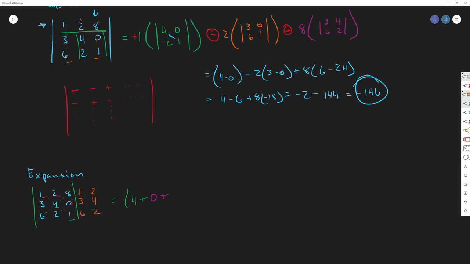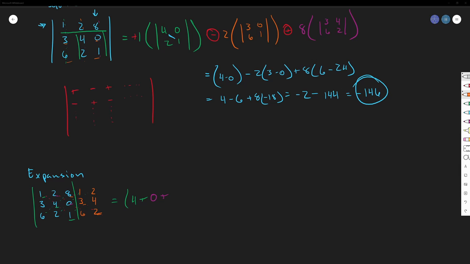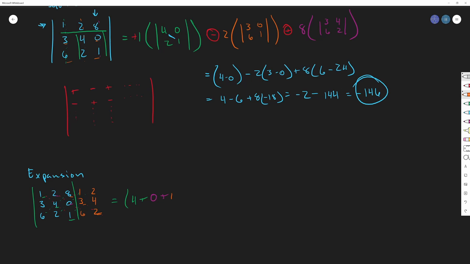And then lastly, we're going to multiply 8, 3, and 2. So 3 times 2 is 6 times 8. What's 8 times 6? 48. And then we are going to subtract the other set of diagonals that we're going to add up. So the first one is going to be 6, 4, 8. So it'll be 6 times 4.